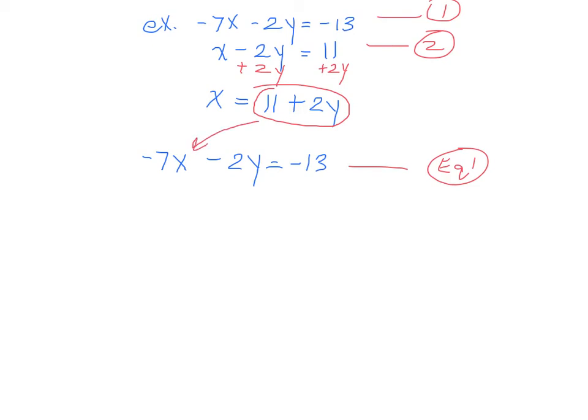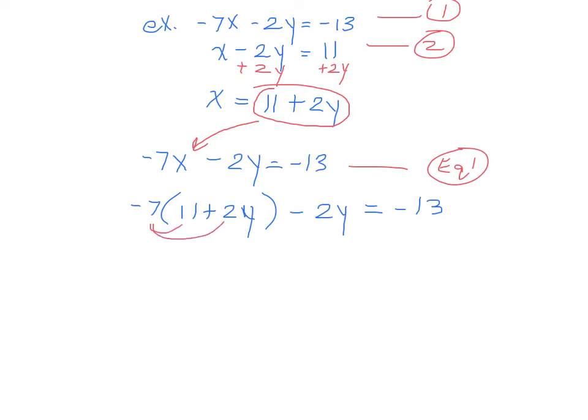And we have negative 7 times 11 plus 2y. Again, that 11 plus 2y is just x. It's just another way of saying x. Minus 2y equals negative 13. All right, now that we have that, we can go ahead and simplify.